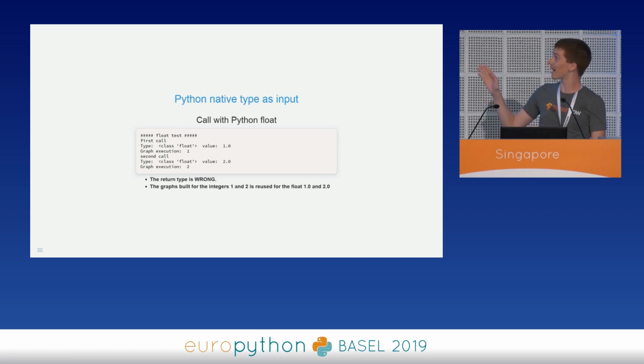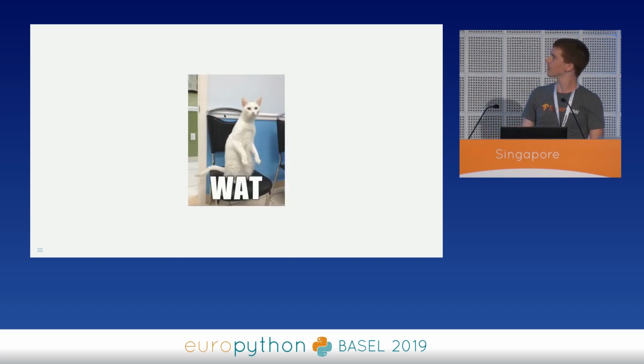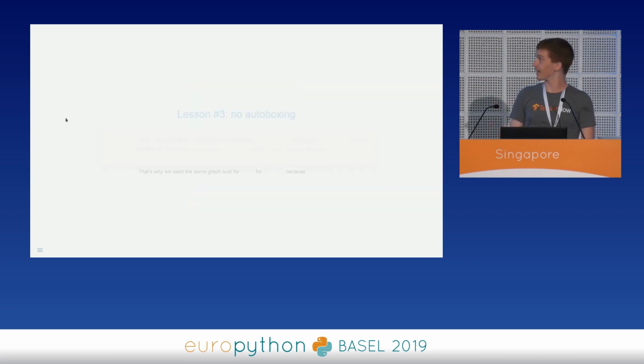In fact, the return type is wrong, and the graph that is being built for the integers 1 and 2 is being reused for the float values 1 and 2. So this was my face when I discovered this. So I spent some time to figure out what was going on, and I summarized this in the next lesson.